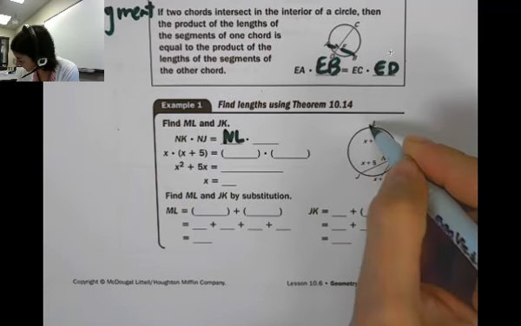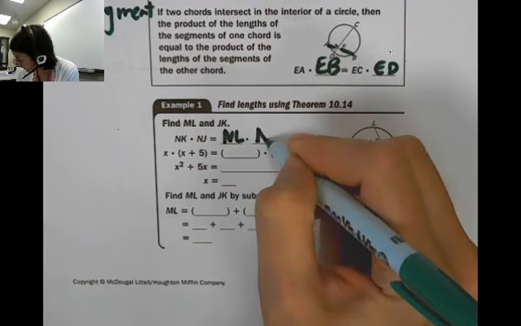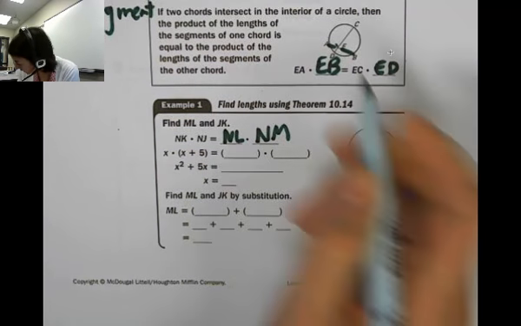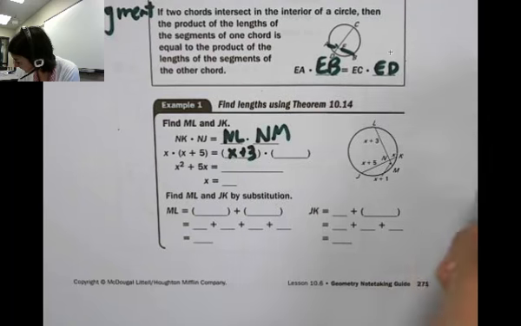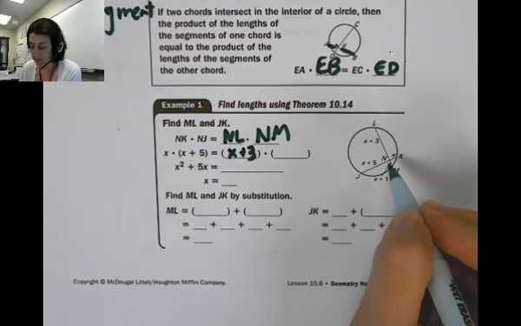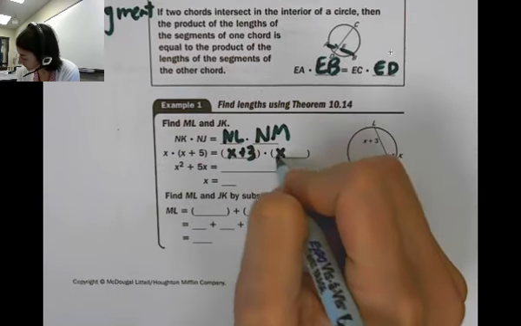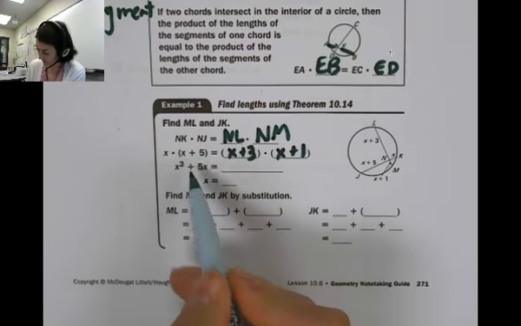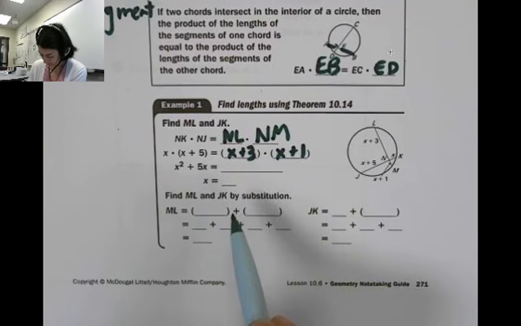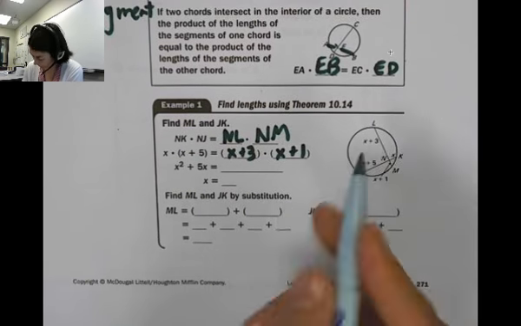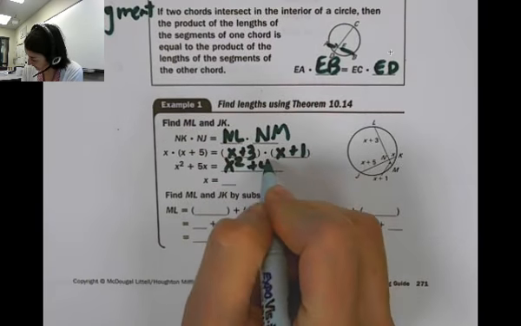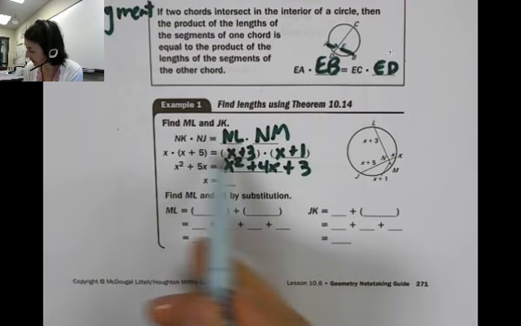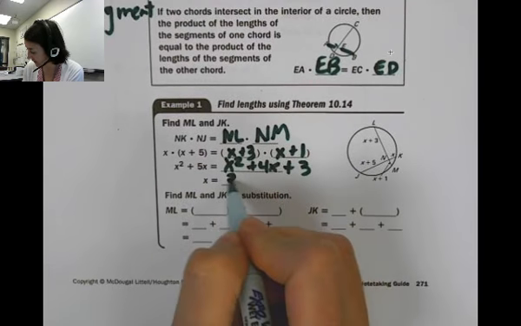Remember, that's referring to the lengths of the segments. Then we plug in the algebraic expressions, x plus 3, and NM is x plus 1. On this side of the equation, apply the distributive property, and here we would FOIL with the result of x squared plus 4x plus 3. If we eliminate the x squared and solve this equation, x equals 3.